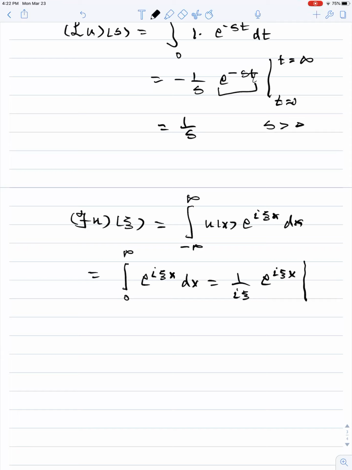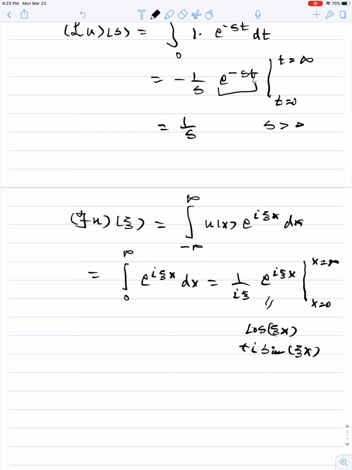Now x runs from 0 to infinity. Remember, these are just cosine cx plus i sine cx.